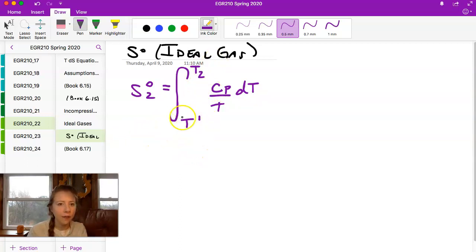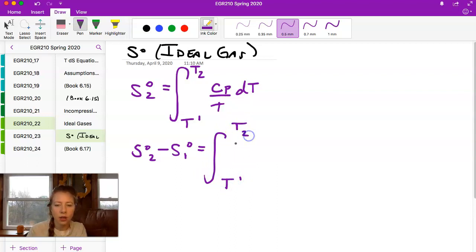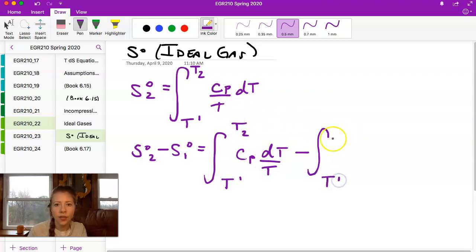And so when you take the difference here, you're going to have S2 minus S1 is going to be equal to, so you have the integral from the reference to T2 of Cp dt over T minus the integral from your reference to your initial temperature, Cp dt over T. So these reference temperatures are going to cancel out, and you'll get the true difference comparing T2 and T1 ultimately.